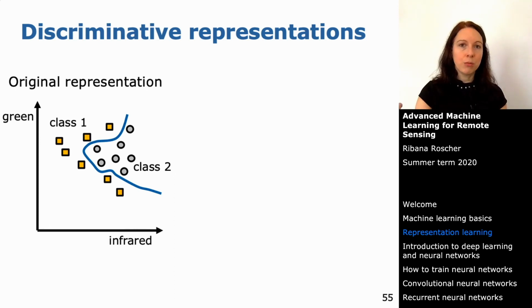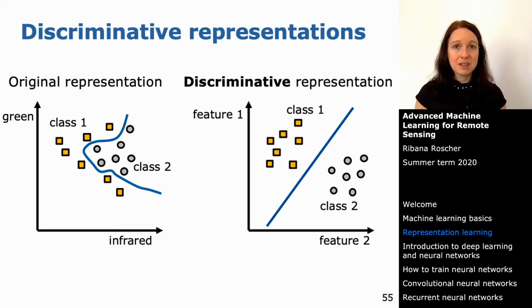You would have to learn a complex decision boundary, but if you learn a good representation of your data, you might be able to find such a discriminative representation. And neural networks are really good at doing this, because the feature representation is exactly tuned to work in combination with classification.